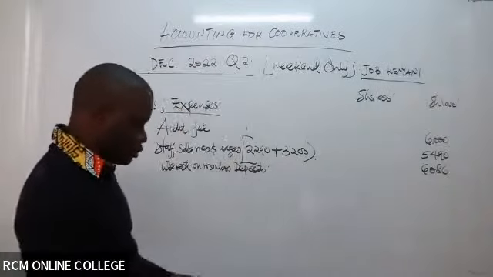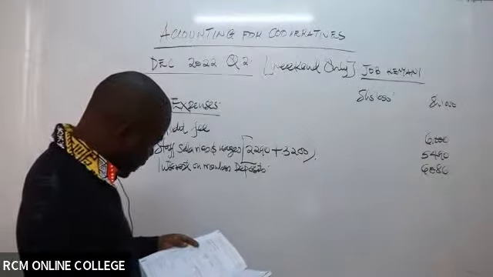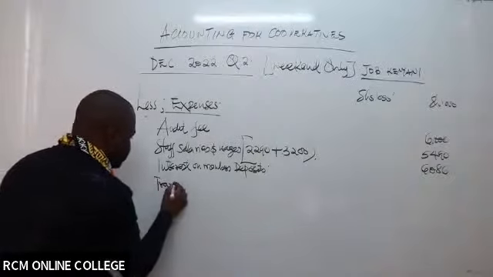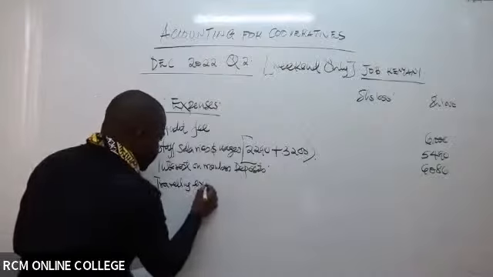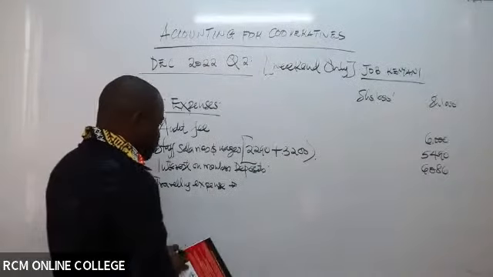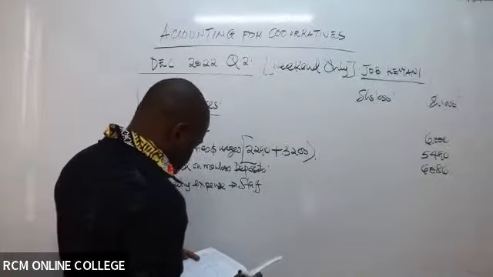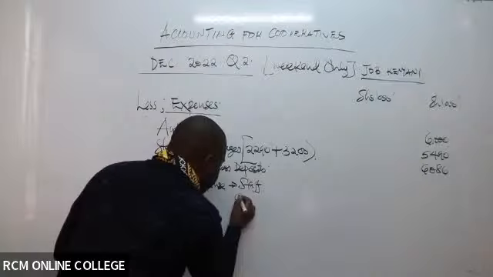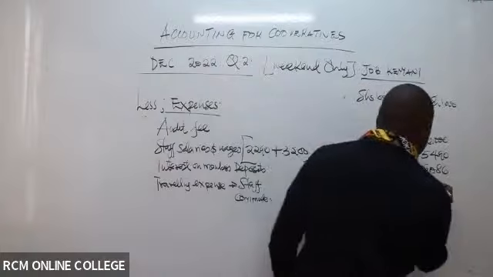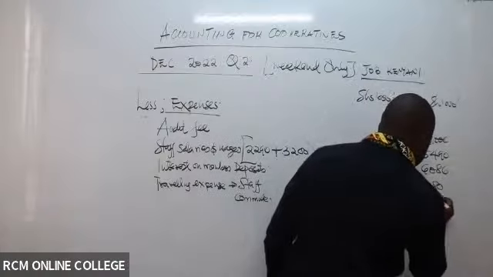So for example, if you look at the trial balance, we have traveling expenses, whereby we have for staff, and then for committee members. This one will likely be 80. Then this one is 100.